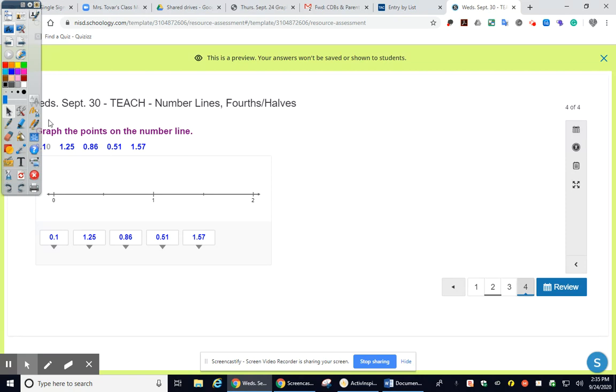All right, so let's go ahead and put our main points on here again. I'm going to put our 50 cents between 0 and 1. And then I'm going to put our $1.50 between 1 and 2. Okay? So here we have 0.1 or 0 and 1/10.